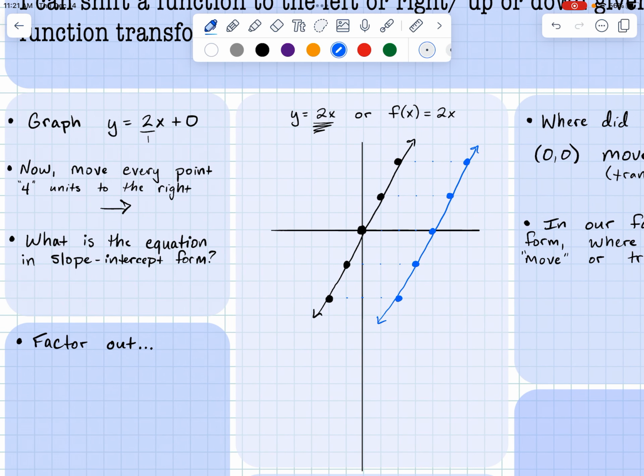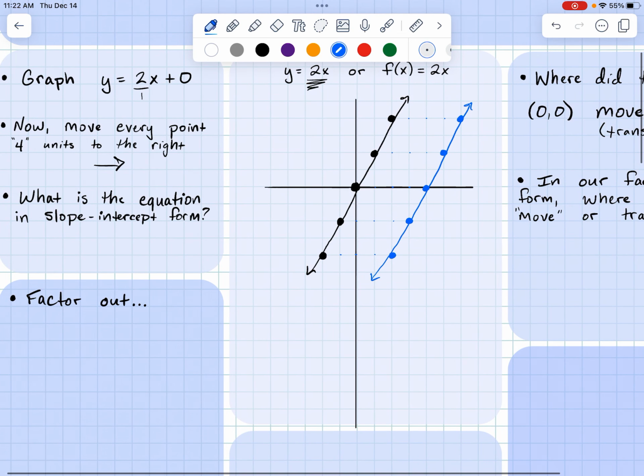Okay, now what is the slope-intercept form of this equation? Well, what we need is the y-intercept. Previously, it was 0. But for this one, we're going to need to continue this line so that it hits the y-axis here. So we're going to have to continue moving our points down 2 and over 1, down 2 and over 1.